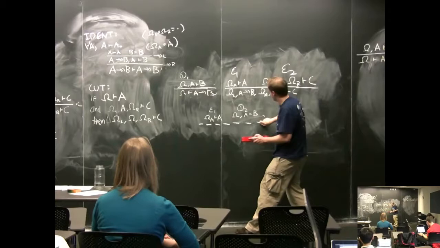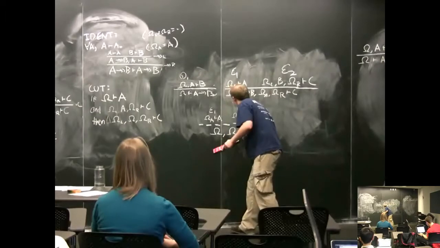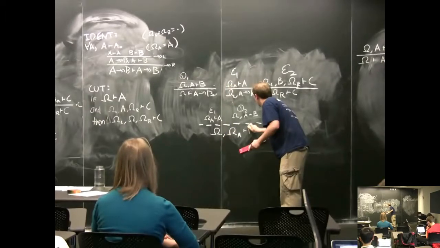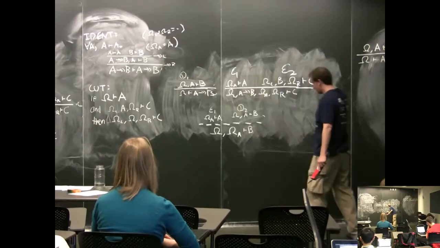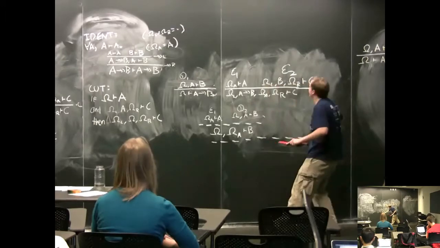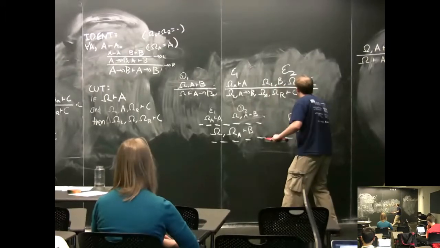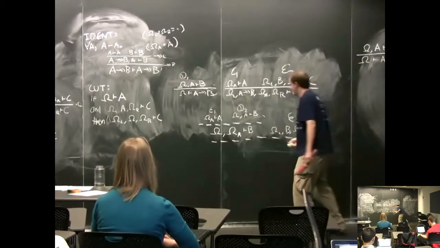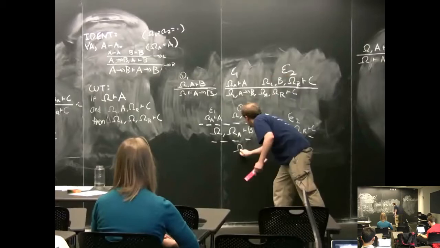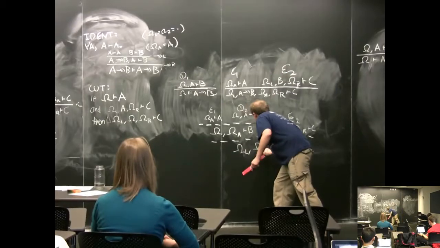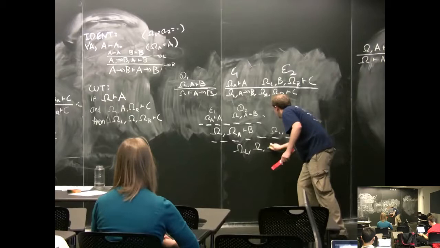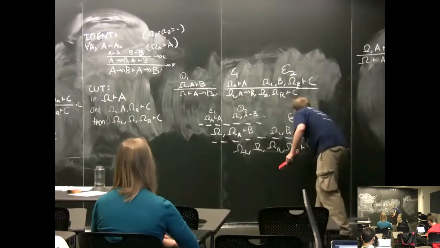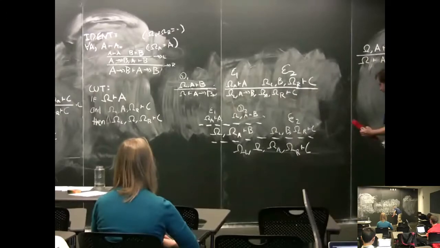Well, he can draw them faster than me then. A proves B. Okay, so now we have a smaller formula, and we can cut this against E2. Omega left, B, omega right proves C. And then we have the thing that we need, which is omega left, omega A, omega right proves C.